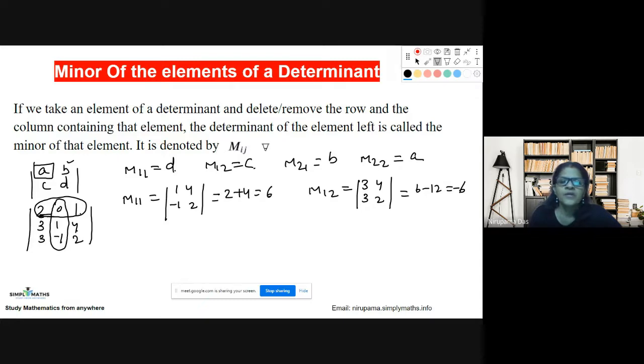And Mij denotes the minor of Aij. So this is the way we can find minors of elements of the determinant.